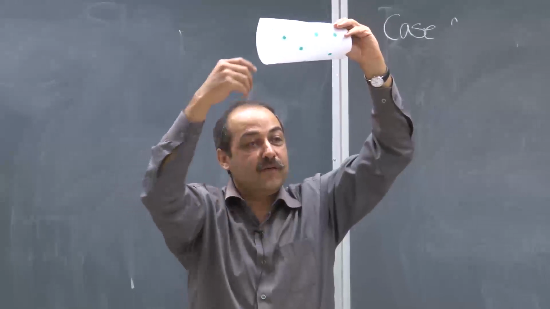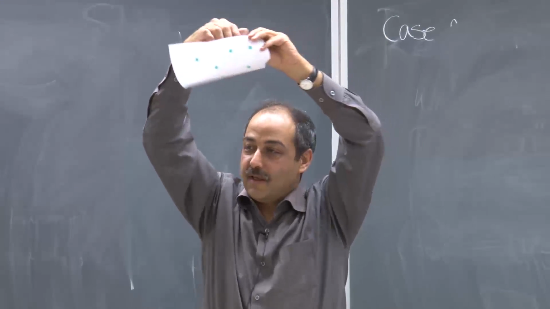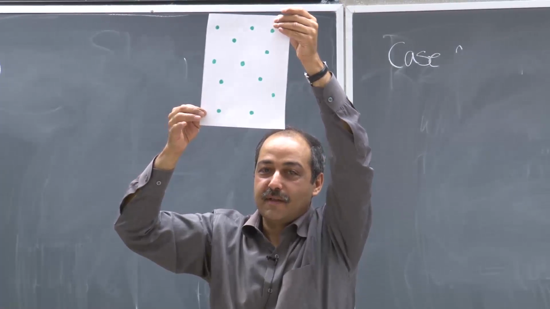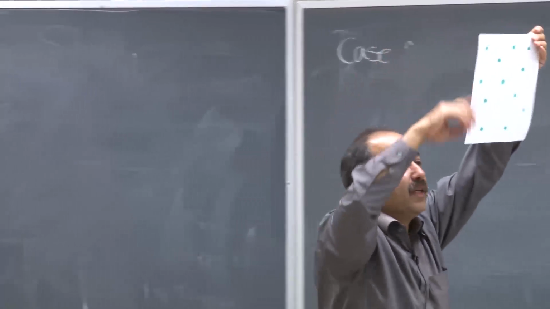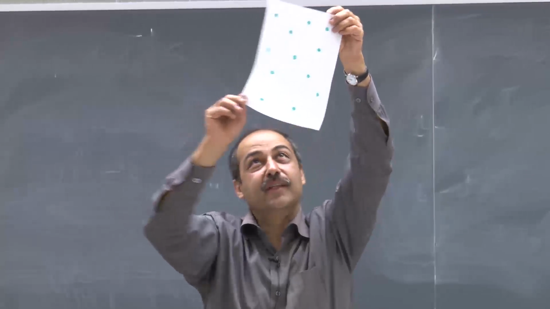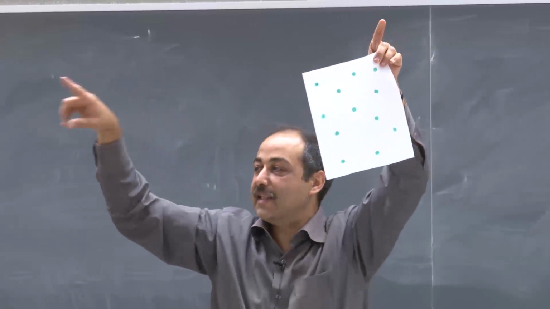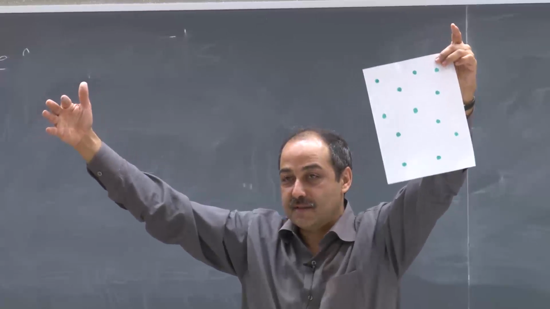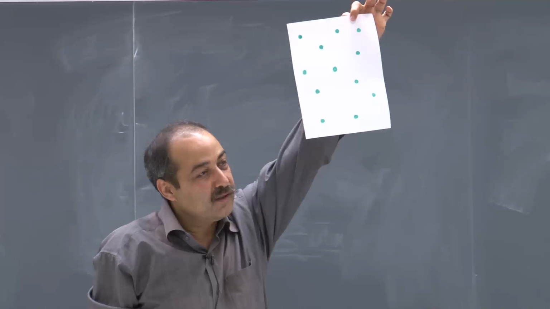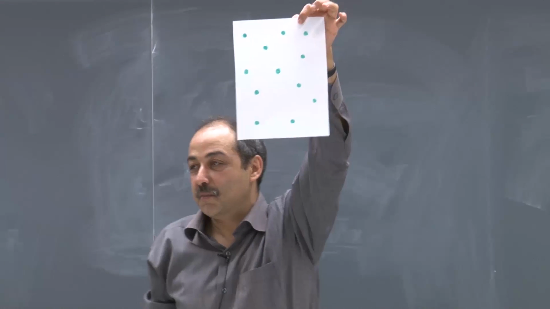If somehow I find this manifold and then I unfold it, if the dimensionality of this manifold, which is called intrinsic dimensionality, is less than the dimensionality of the space, then I have reduced the dimensionality of the data without losing much information.